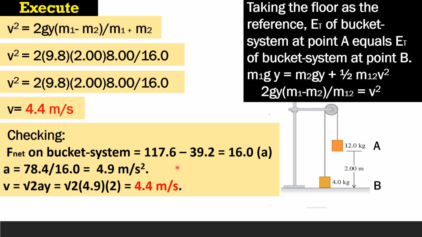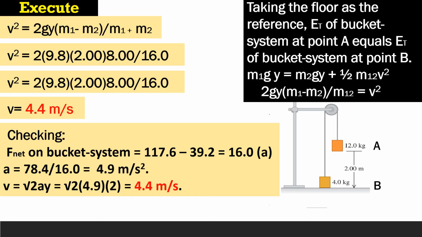So both methods, the principle of conservation of mechanical energy and applying Newton's second law of motion, help us in determining what we want to calculate, such as the final speed of a body. So it's up to you now. Which method do you think is better or more effective?